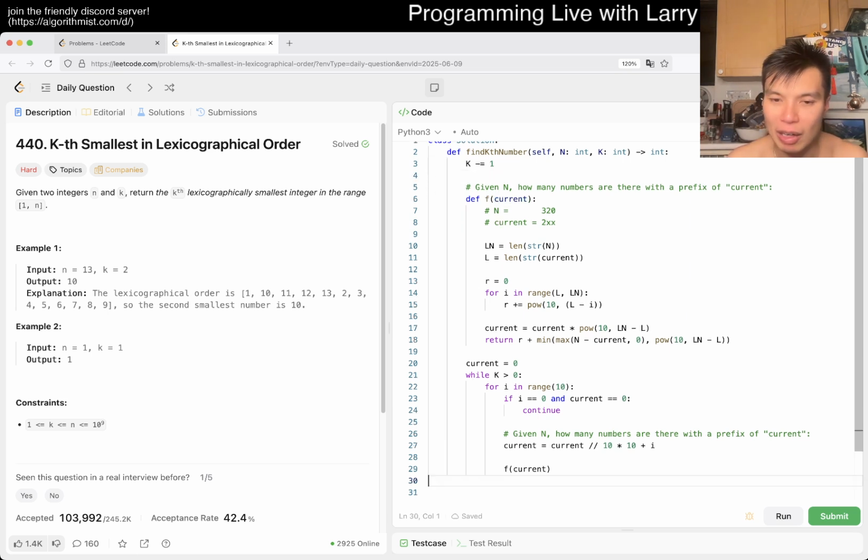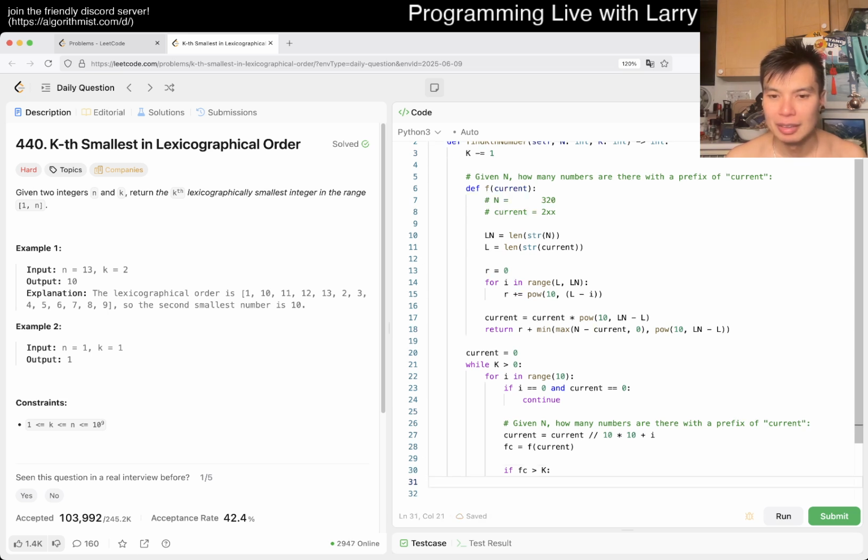So okay, now if fc is equal to this, right? If fc is greater than k, then we are done. Then this is the current digit, so we continue maybe.